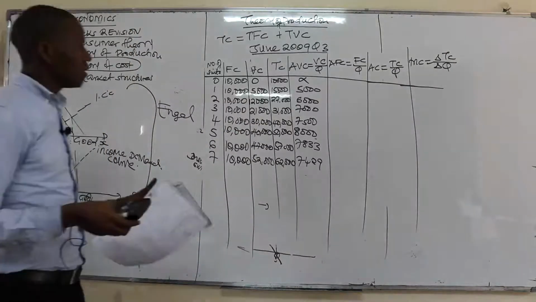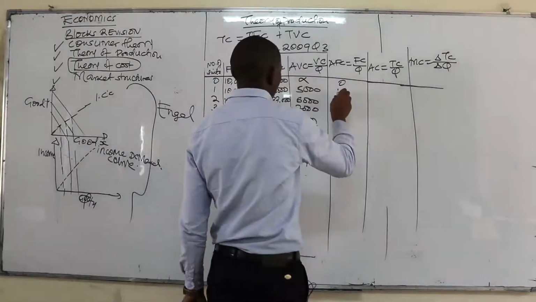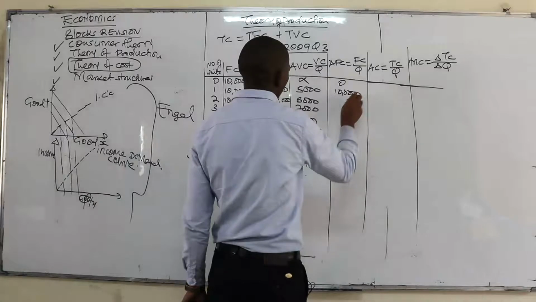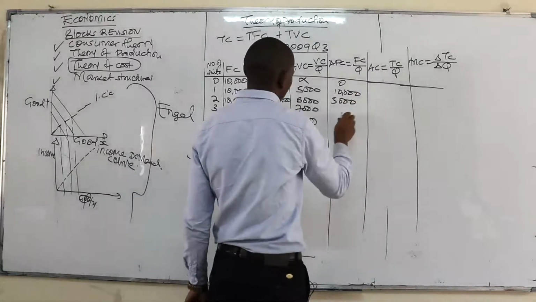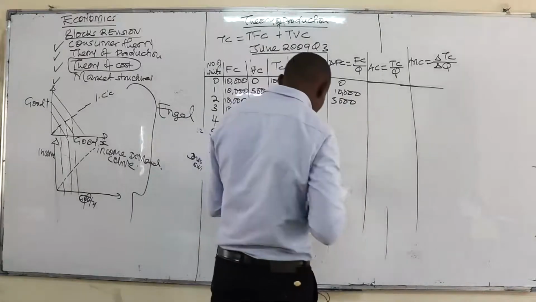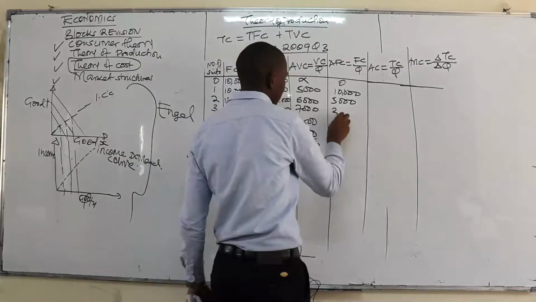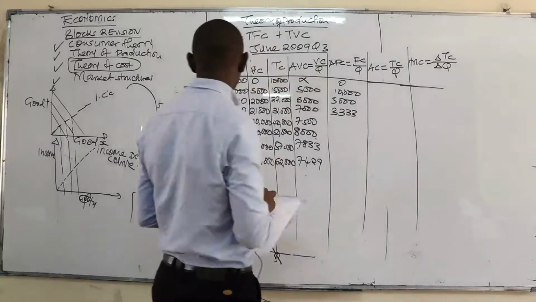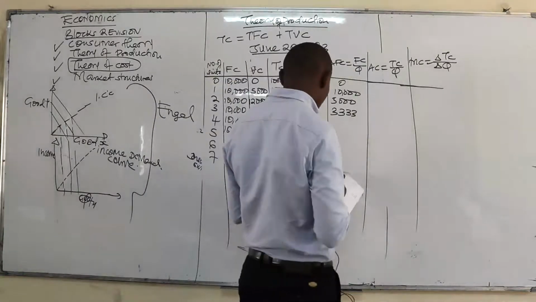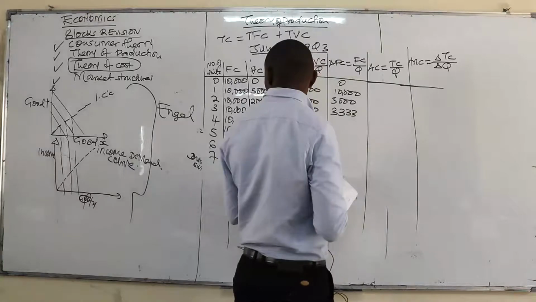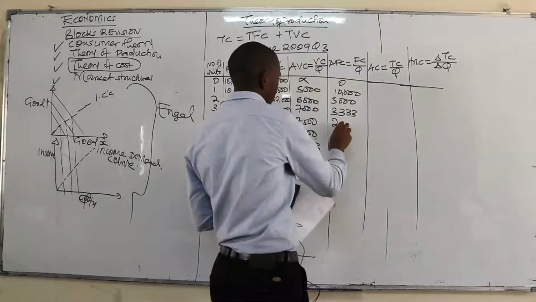Now, in this case, you also do the same for the fixed cost. This will be 0. This will be 10,000. This will be 5,000. This will be 3,333. The other one will be 10,000 divided by 4, which is 2,500.